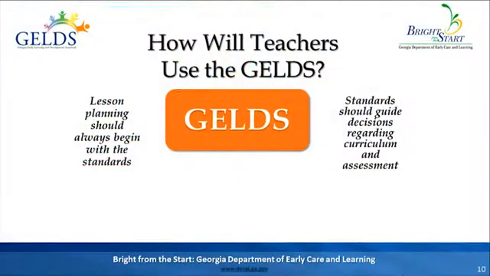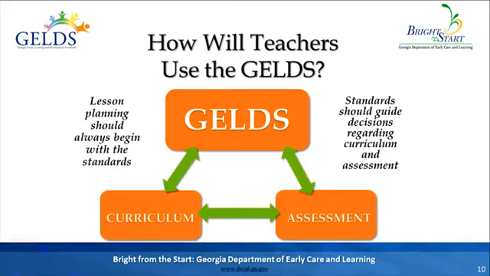Okay. Well, a big part of being successful with that is planning using the GELDS. Let's take a look at this diagram that illustrates how to use the new GELDS in your classroom. So you start with the GELDS first. Always start with the Georgia Early Learning and Development Standards, and then make decisions about curriculum and assessment.